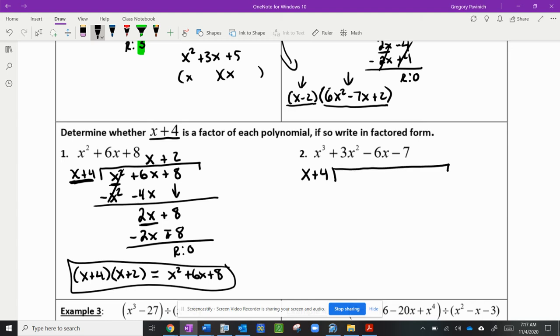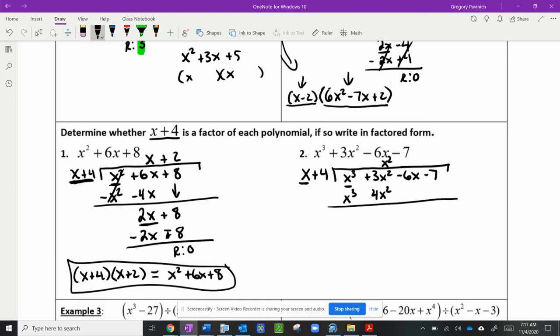But what if we came into a problem like number 2, and we couldn't factor it, but we wanted to find all the zeros, x-intercepts, or solutions? If I divide this function by x plus 4 and get a remainder of 0, then I break this cubic one degree less to a quadratic. So x squared times x is x cubed, and then times 4 is 4x squared.